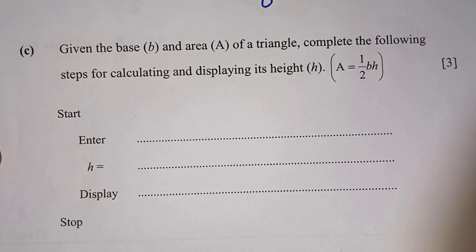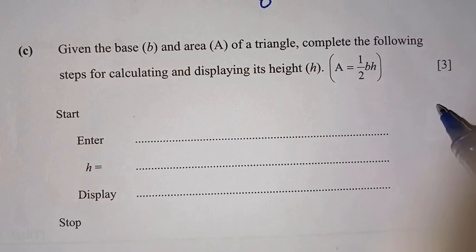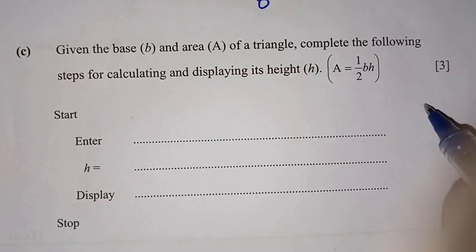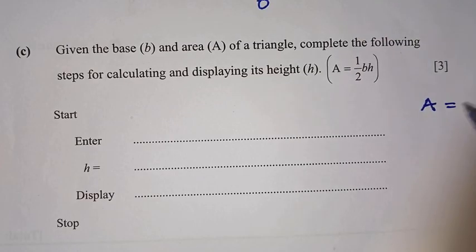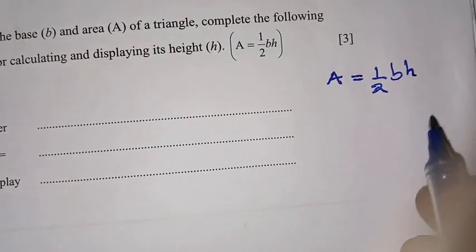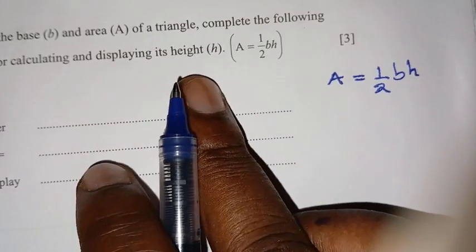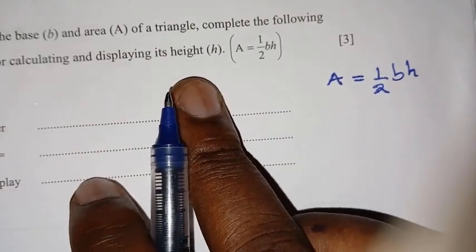All right. So if you look at what we have, this is area, which is 1/2 B H. So we want to be calculating height here. That's what the question is asking us to do, if you look at it.